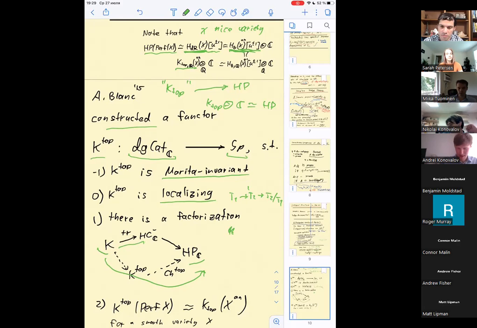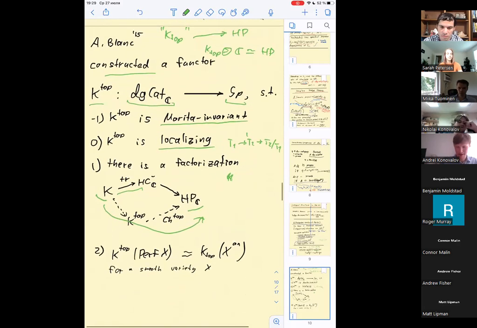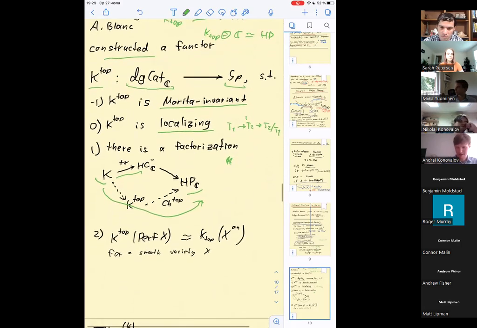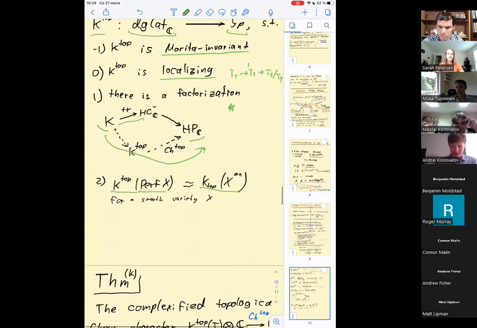And there is this property that whenever we restrict to the classical case, so we restrict to dg-categories of nice varieties, then topological K-theory of those dg-categories is actually the topological K-theory of the corresponding topological space. So topological K-theory is topological K-theory. That's great.